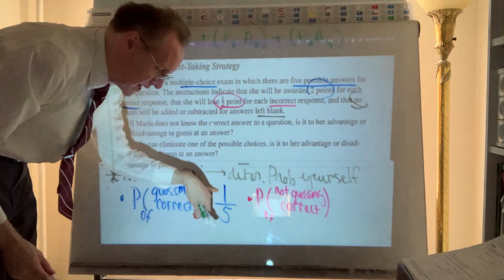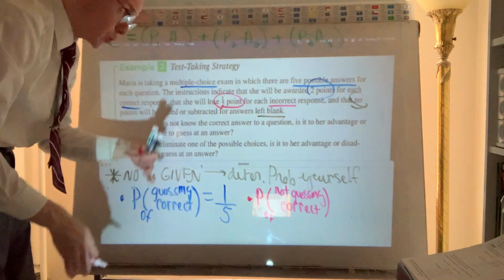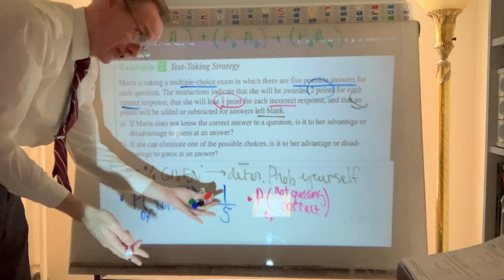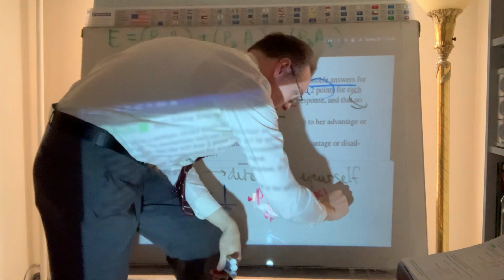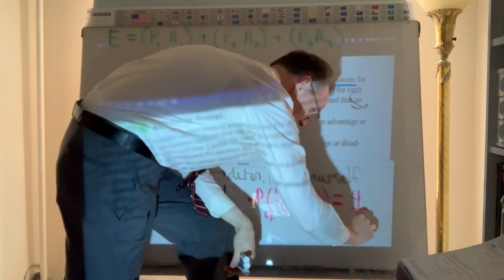Well, it would be the balance that adds up to a maximum of 5, right? So if it's multiple choice again, and there's 5 choices, and only one of them is correct, how many are not correct? It would probably be more likely that a person guesses incorrectly, right? So it would be 4 out of 5.